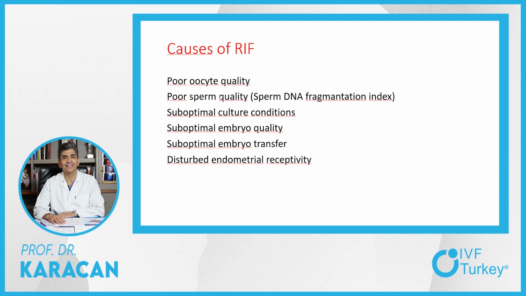There is a test named the sperm DNA fragmentation index. It can be performed in men with normal or low sperm count who are not able to fertilize the egg, to elaborate the problem of RIF. So poor sperm quality is a main, serious factor.